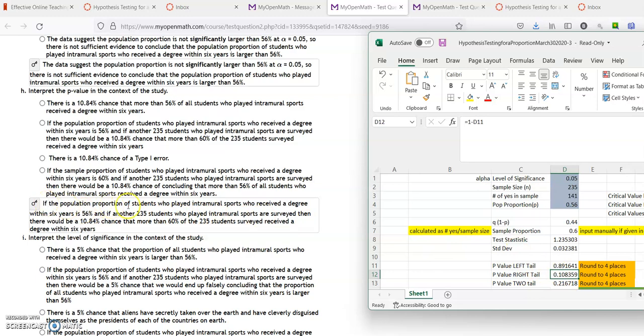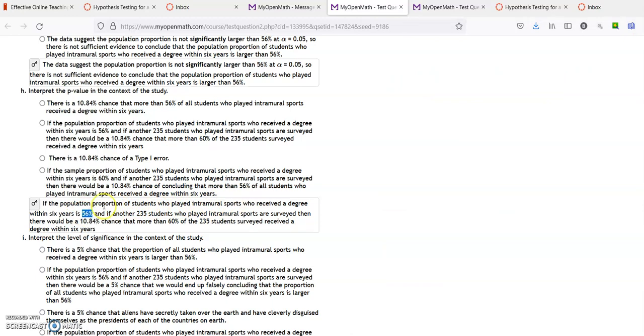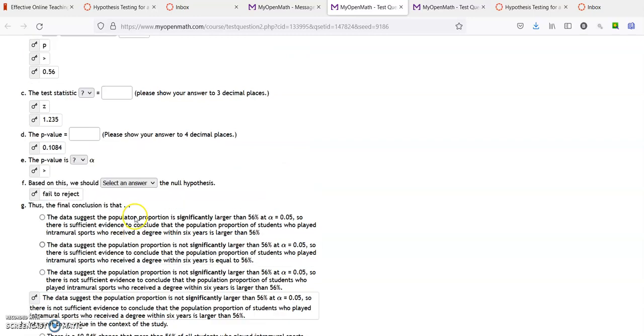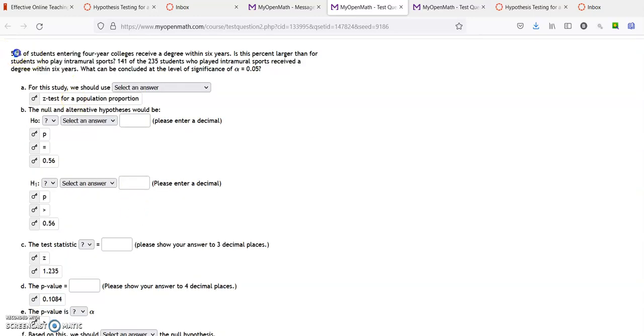The correct answer is: if the population proportion of students who played intramurals is 56%, regardless of the outcome up here, if it is what they claim it is, that's going to be this number right here.